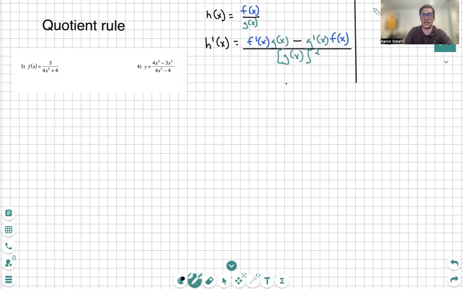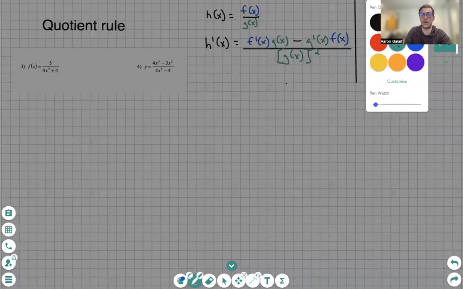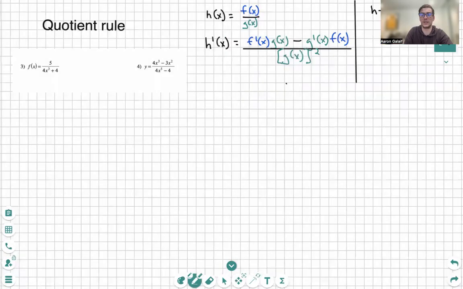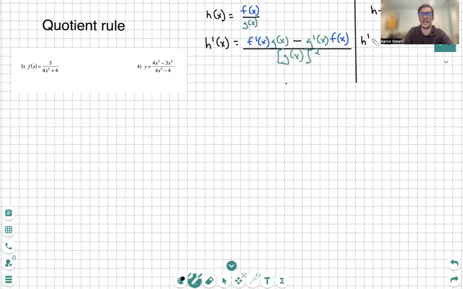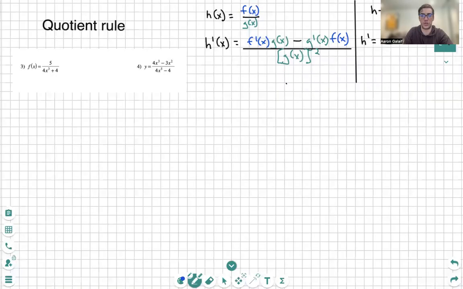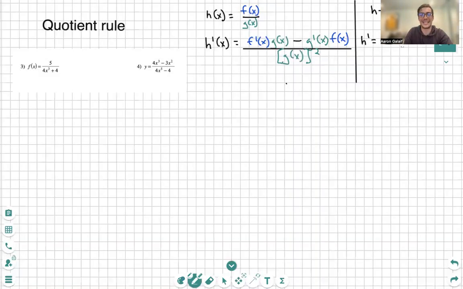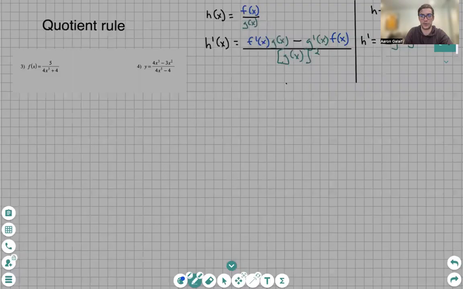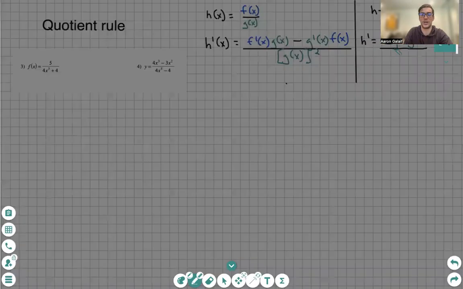We see h is equal to f over g, and again, we're going to derive it. H prime is equal to: derive the numerator, keep the denominator, subtract, derive the denominator, keep the numerator, all over the denominator squared.